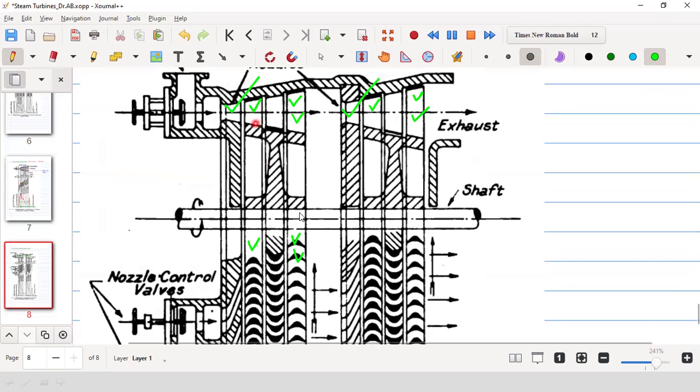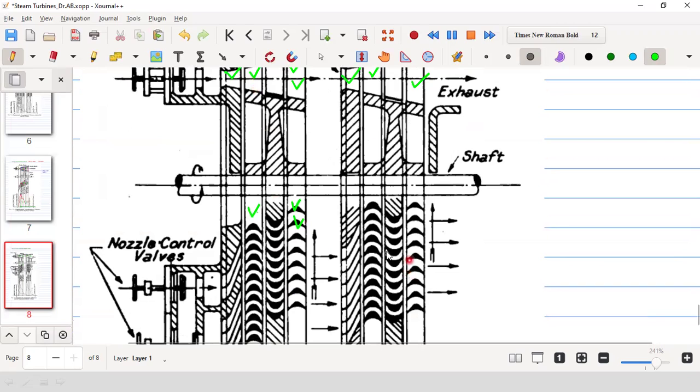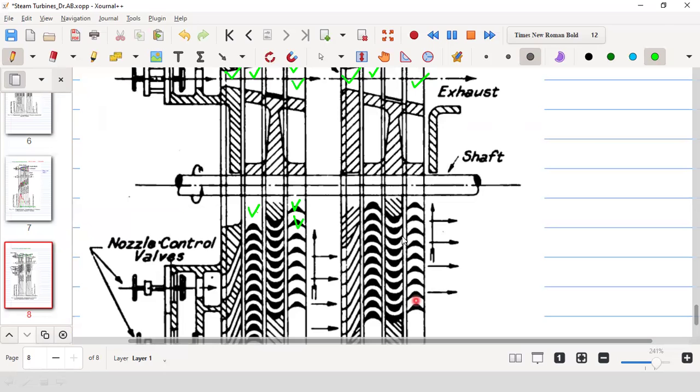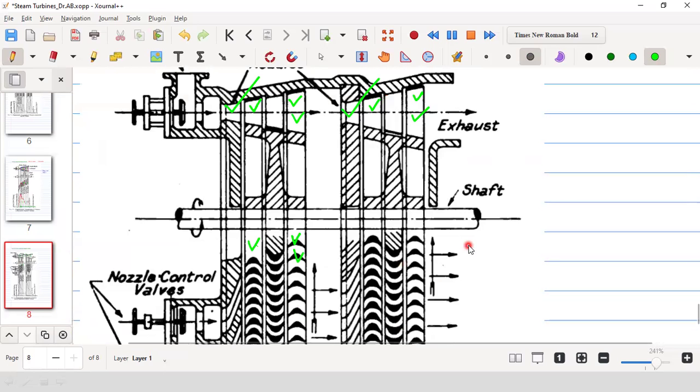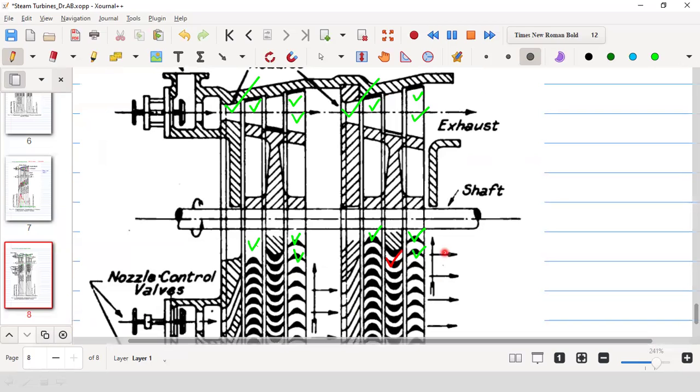Again, in the next pressure compounded stage, in the next velocity compounded stage, there is basically a two-row wheel. So one and two, these are the moving blades. And this is the fixed blade, fixed blade, here fixed blade stage 2. Here it is stage 1.